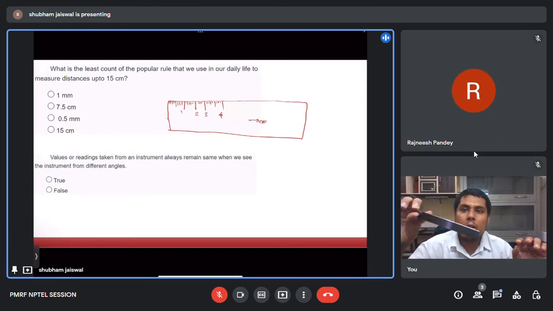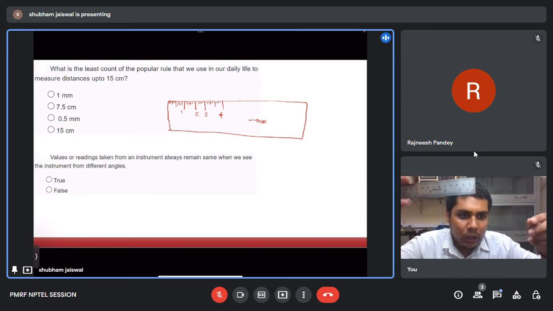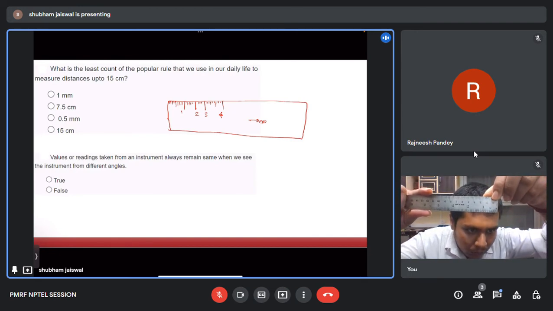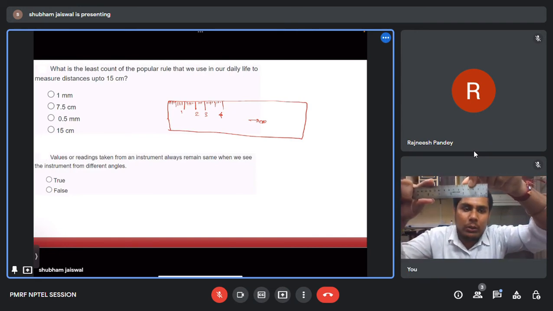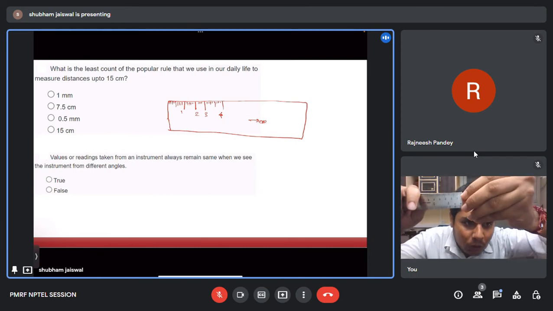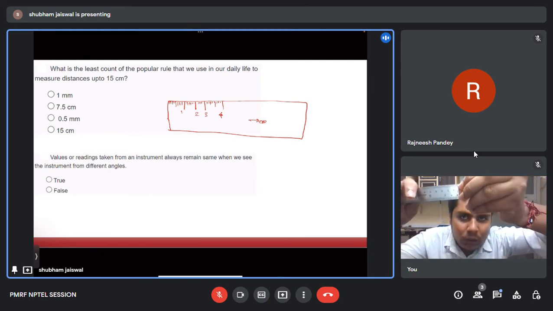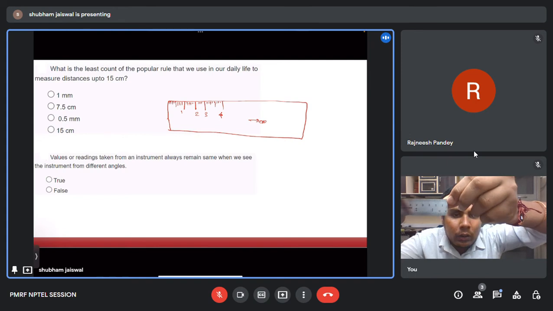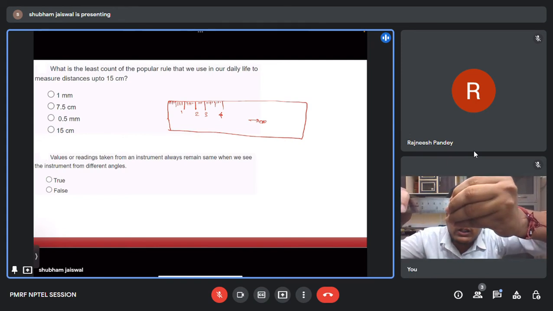Here you can see I have a scale, and some markings are there: 1 centimeter, 2 centimeter, 3 centimeter. From here you can see the minimum distance that we can measure using this scale is 1 mm. Here one marking represents a 1 mm distance.